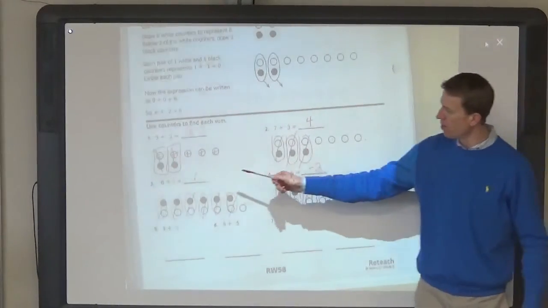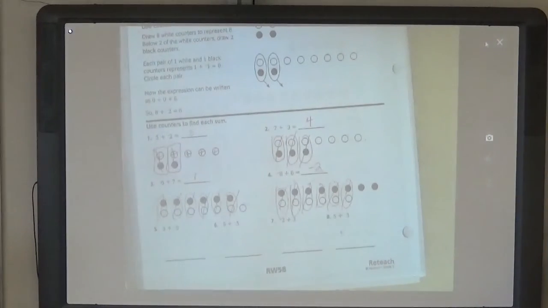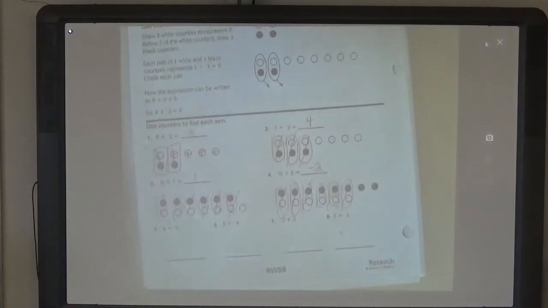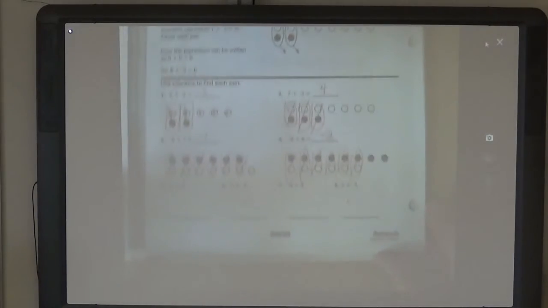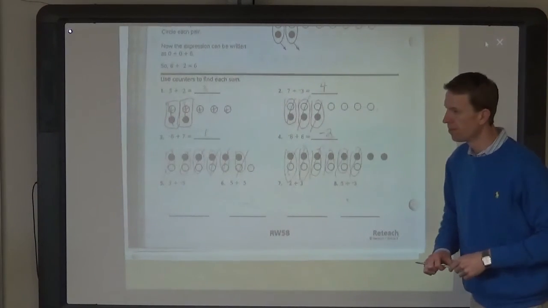How about number 3? Can you explain why number 3 is 1? Aiden? Because the 1 left over is 1, because 6 minus 7 is basically 1. Yep.